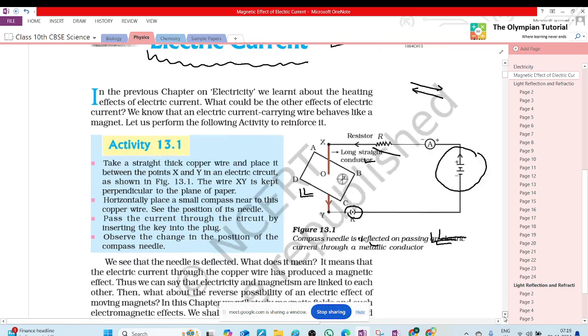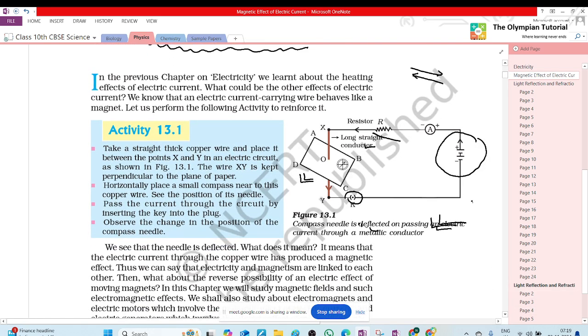So what will happen when current flows in this circuit? When current flows, there is deflection in the compass needle. This deflection shows that a magnetic effect is produced, because this compass needle always tries to stop in the north south direction.